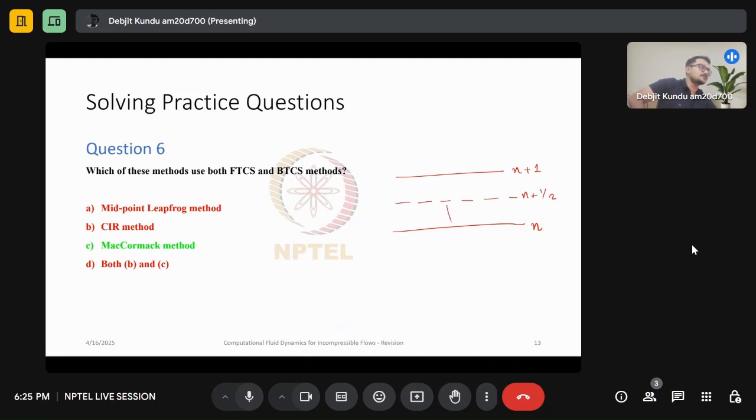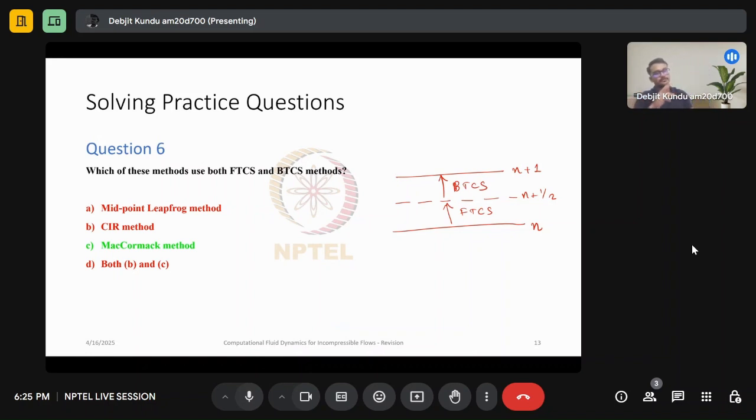So while going from n to n plus half, you might use the FTCS, and then going from n plus half to n plus 1, you use the BTCS.